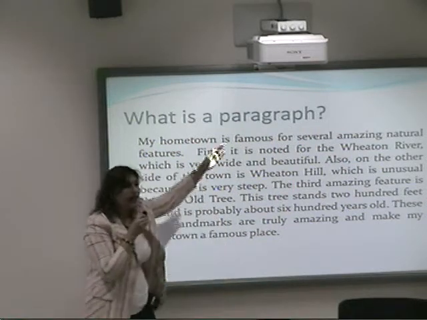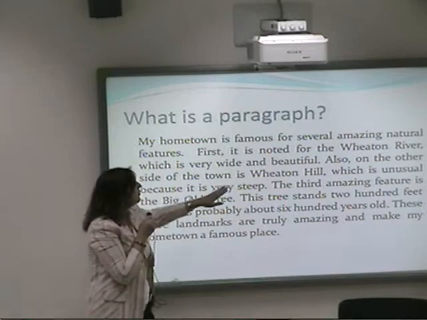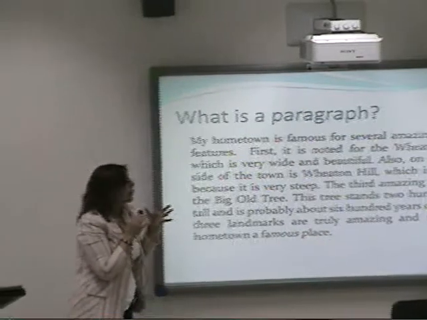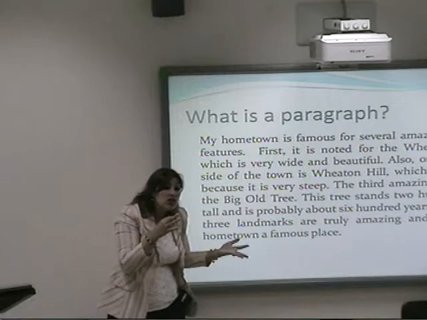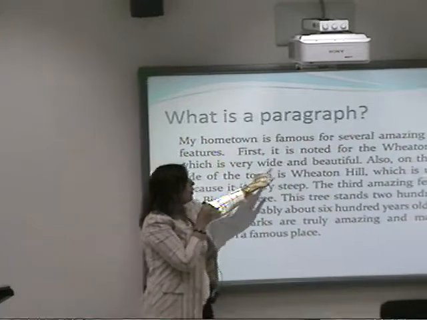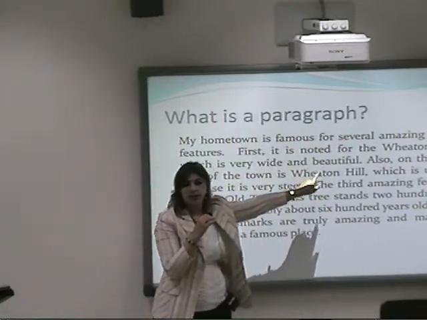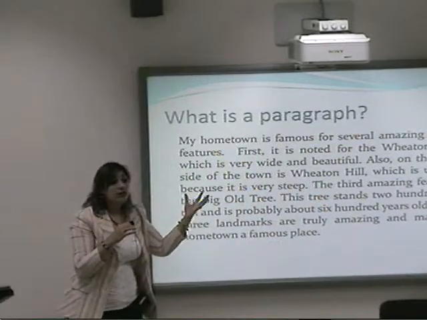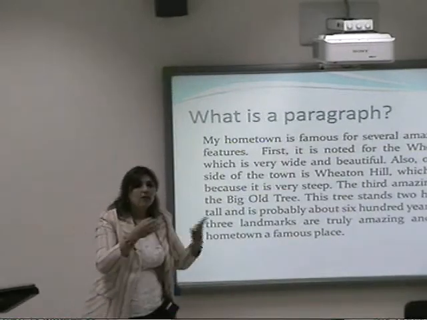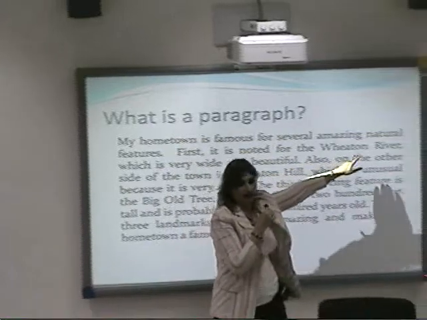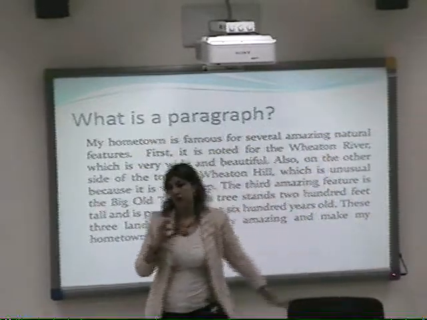But here he is listing. So this is the first one. And he is giving what? He's giving more explanation by saying very wide and beautiful. Wide and beautiful, this is one extra piece of information about the first, which is Western River.